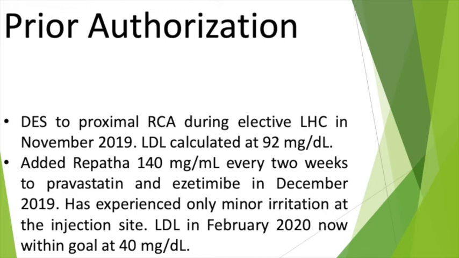So now that he's on the guideline recommended therapy of maximally tolerated statin plus ezetimibe 10 milligrams once daily, he is considered very high risk for another ASCVD event, and his LDL is greater than 70 milligrams per deciliter. It is recommended or at least reasonable to add Repatha or Praluent, a PCSK9 inhibitor, in an effort to get that LDL below 70 milligrams per deciliter.